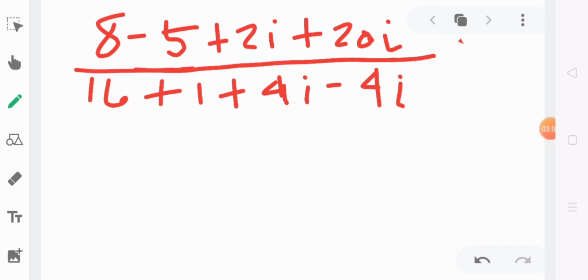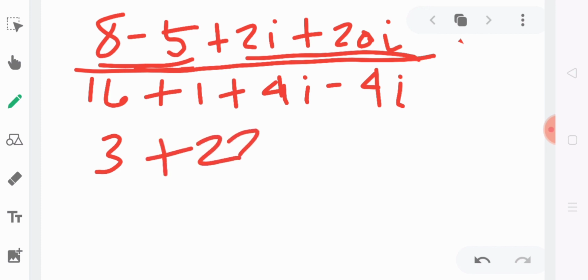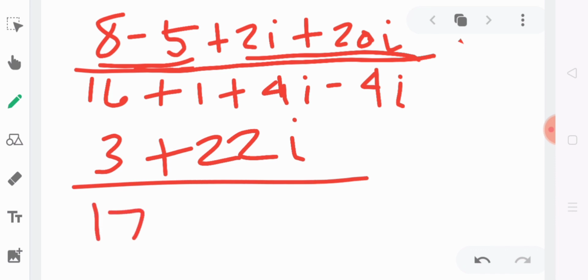So after we separate the real and imaginary parts, let us combine the like terms. 8 minus 5 is 3. Then 2i plus 20i is 22i. Over 16 plus 1 is 17. 4i minus 4i is 0.